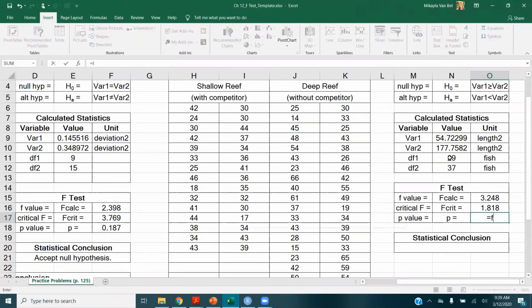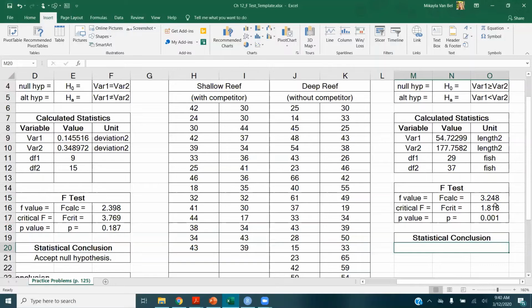Similarly, we'll use the F.DIST.RT function for the p-value. The first argument is the calculated value, and then the degrees of freedom of the numerator and the degrees of freedom of the denominator. We do not need to multiply this p-value by 2.